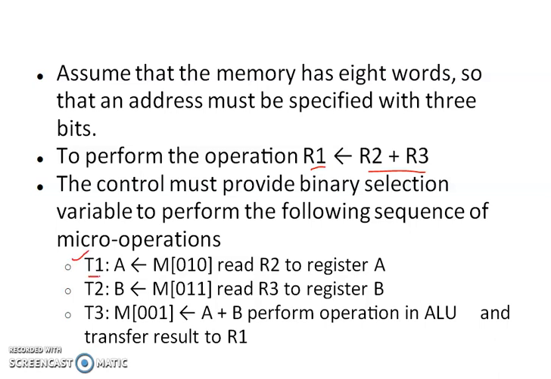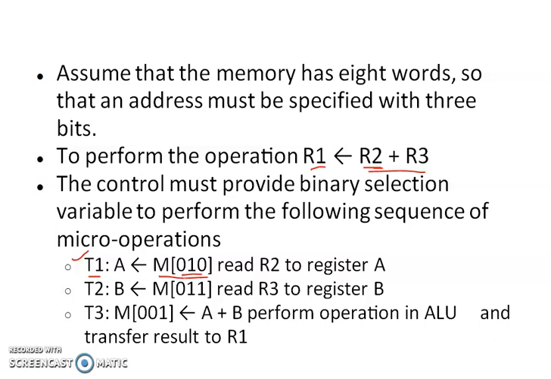Let us set E1 at any clock, any timing variable T1, M of 010. So that is first operand, it is taken. First operand, what is the first operand? R2. R2, the address will be like, it can be written as 010, isn't it?